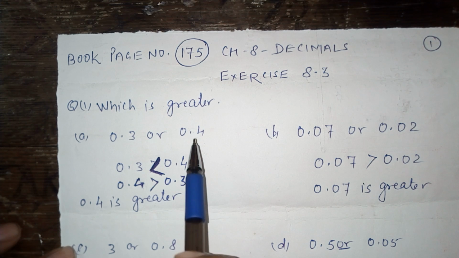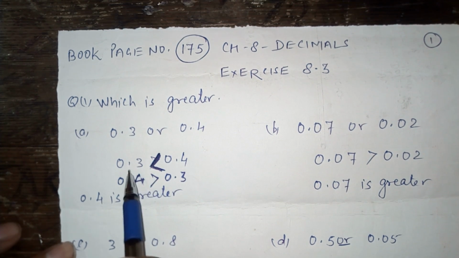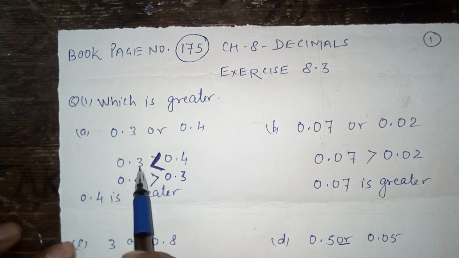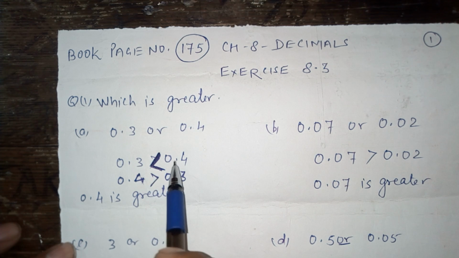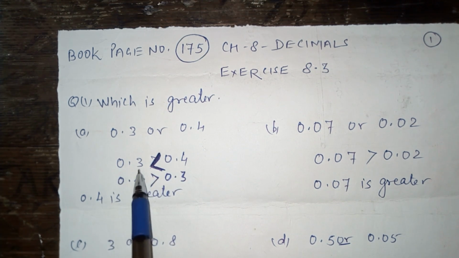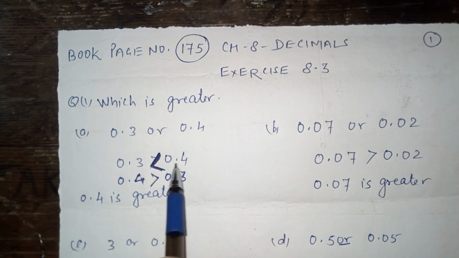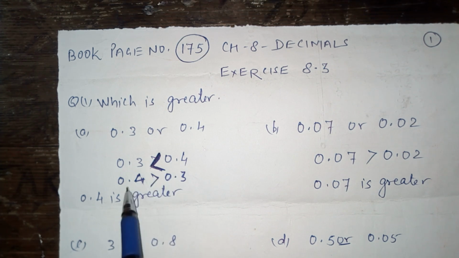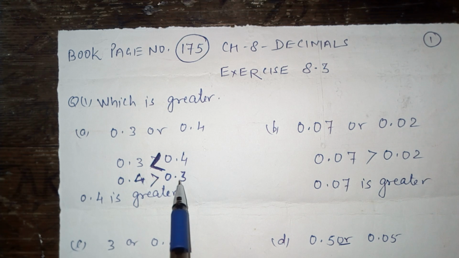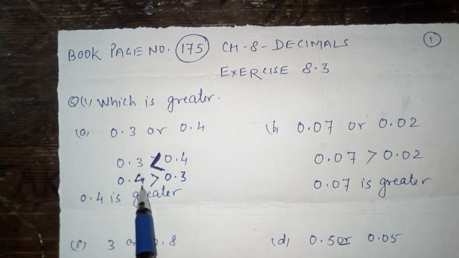So the answer is 0.3 is less than 0.4, or in other words 0.4 is greater than 0.3. Your required answer is 0.4 is greater.